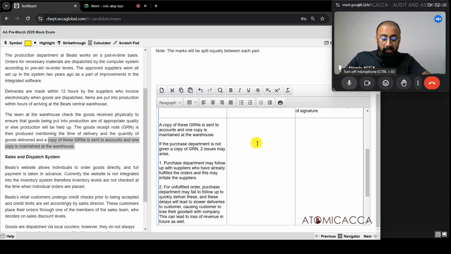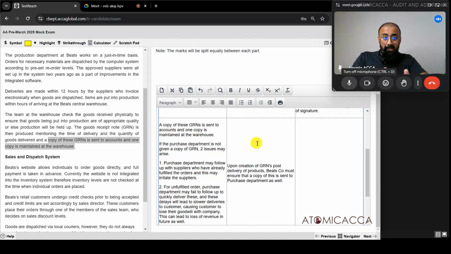So now what we can say is, upon creation of goods received note, post delivery of products, Beach Co must ensure that a copy of this is sent to purchase department as well.